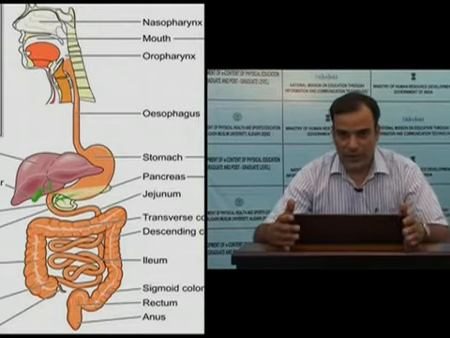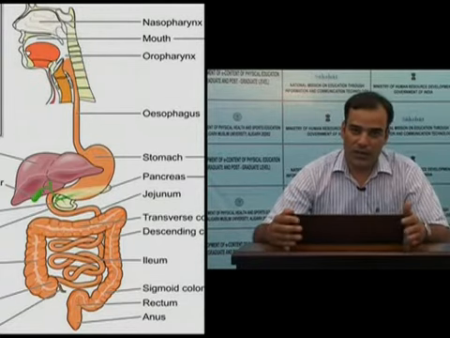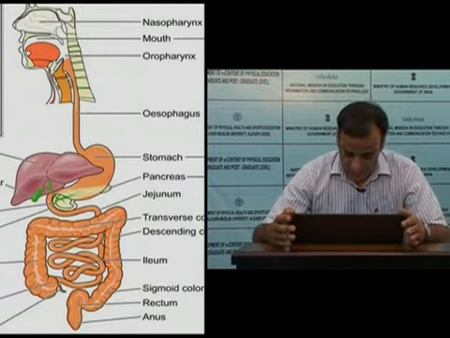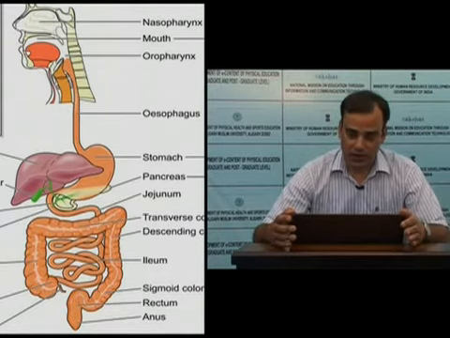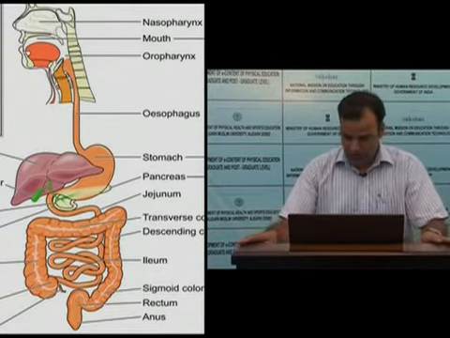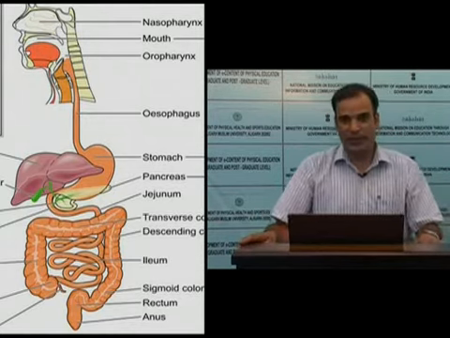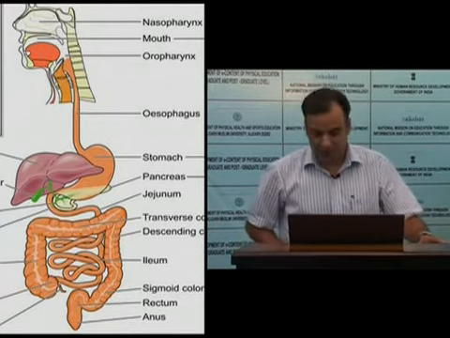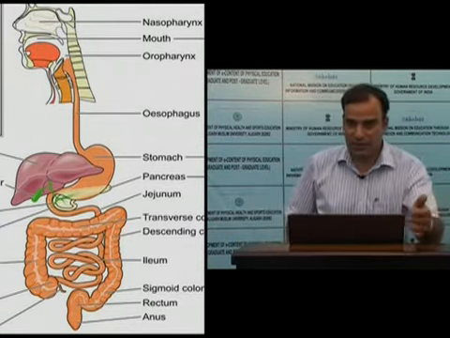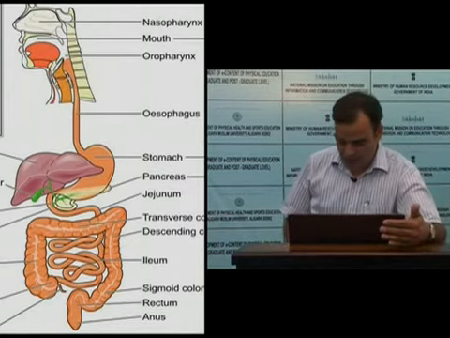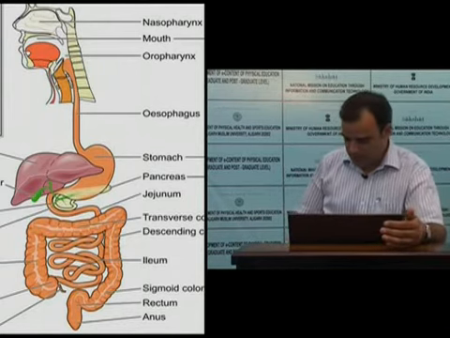The propulsive movement of the large intestine is called mass movements, and the mixing movements are called haustrations. And the last movement of the gastrointestinal tract is defecation, which I have discussed earlier. That means the expulsion of feces to the outside of the body.